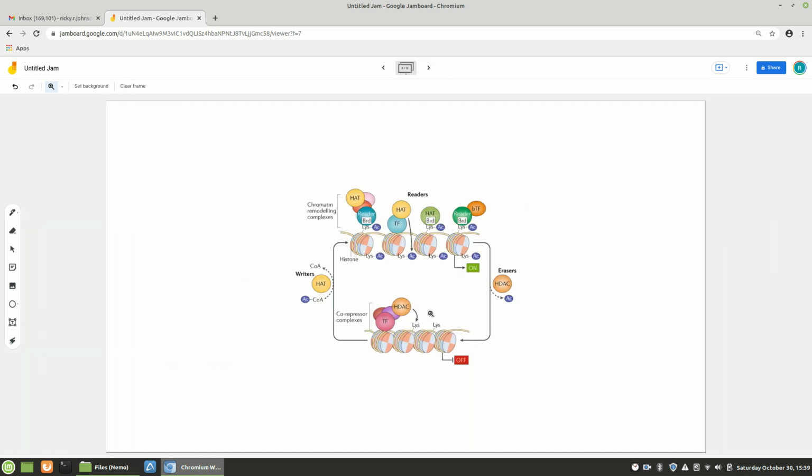Realize there are lots of proteins involved in this. We're not going into much detail here, but there are a ton of proteins involved. As you can see here, you have your HDAC and your HAT, but you have transcription factors, and they're giving you very specific types of proteins here that we won't learn, but this is called chromatin remodeling.